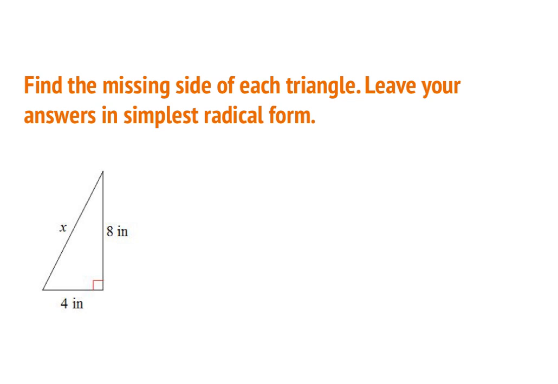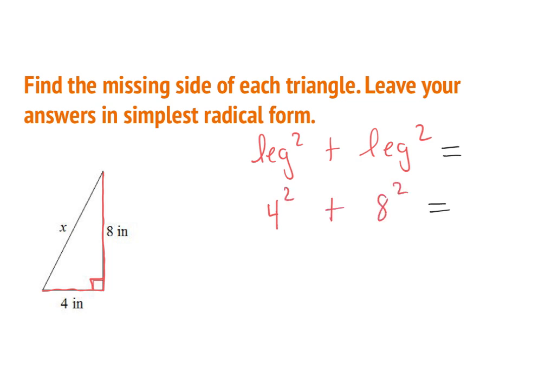So let's look at another example. Remember, you want to identify your parts correctly. So we have our two legs, which are the sides of the triangle that create the right angle. So that means we have 4 squared, 8 squared. And this is going to equal whatever the hypotenuse squared is.